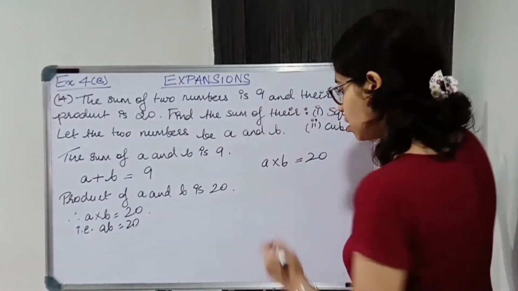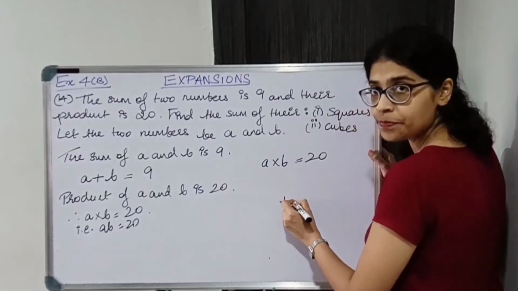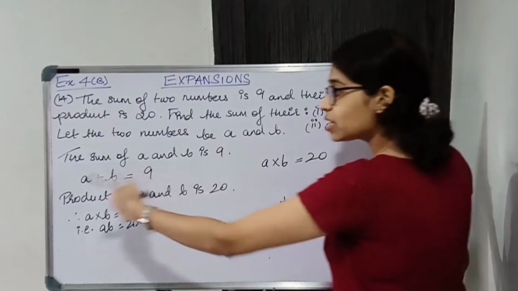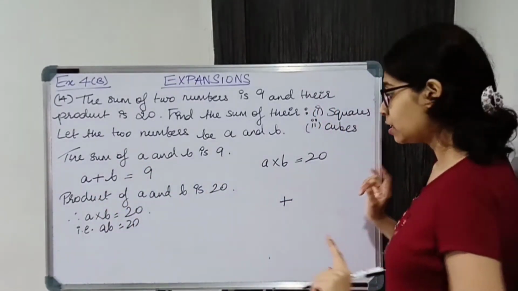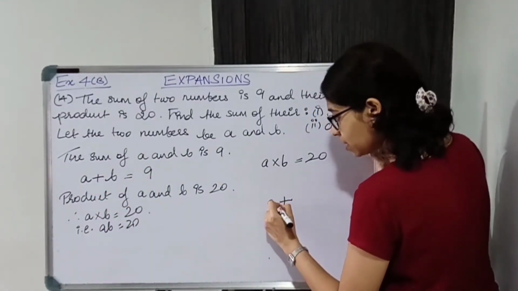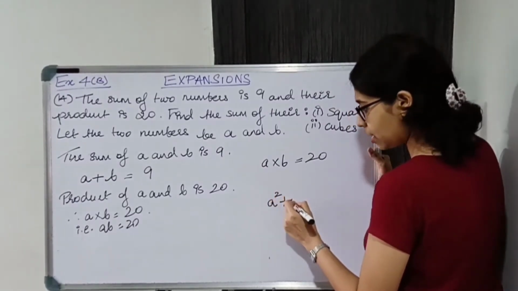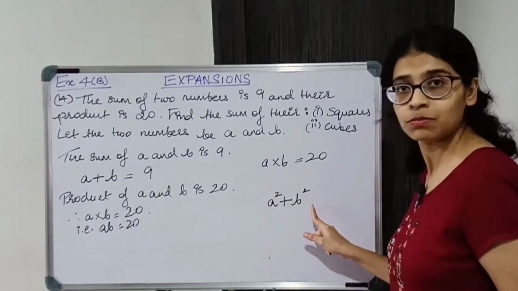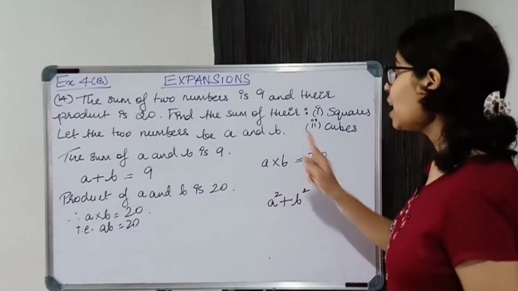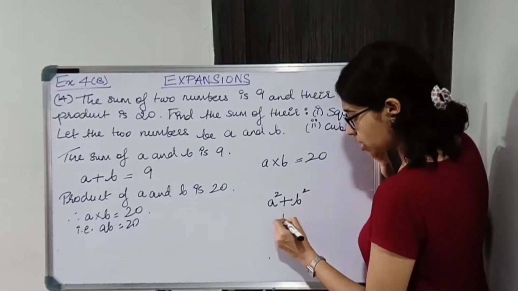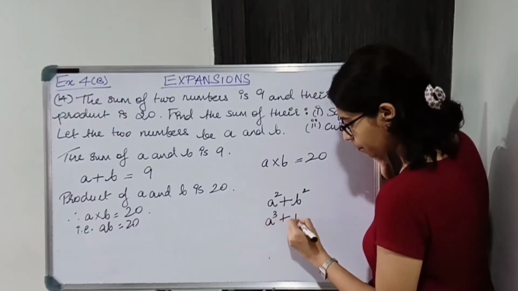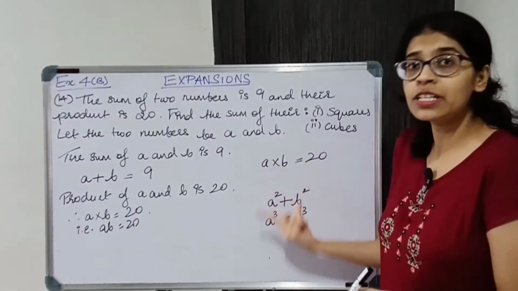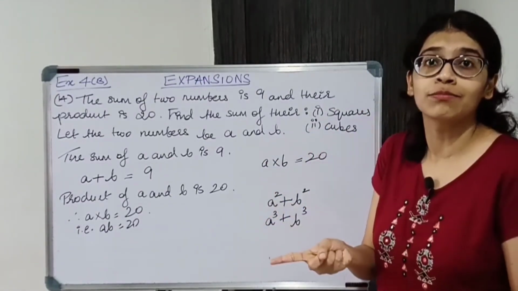Sum of their squares is plural, meaning the squares of both. So sum of a square and b square, sum of their squares, we have to find this, and sum of their cubes.